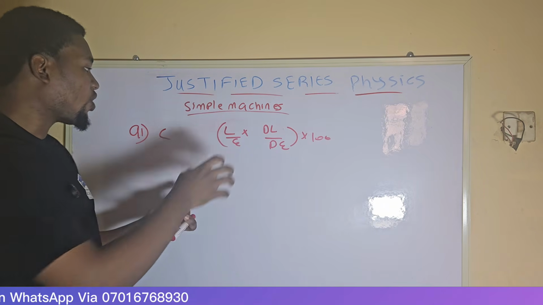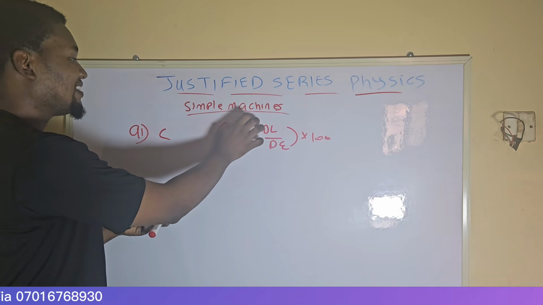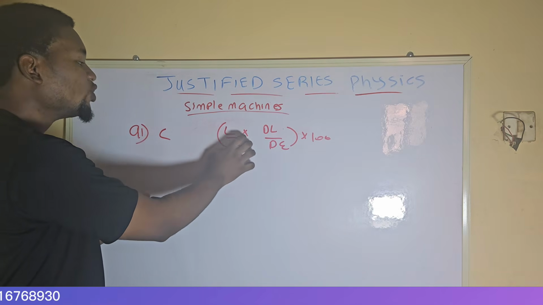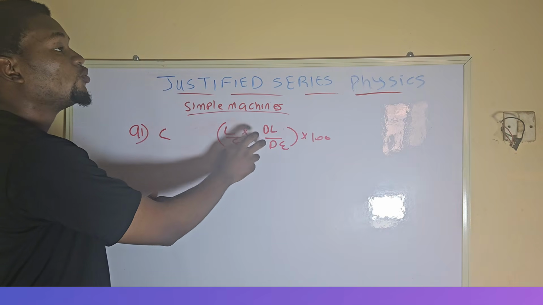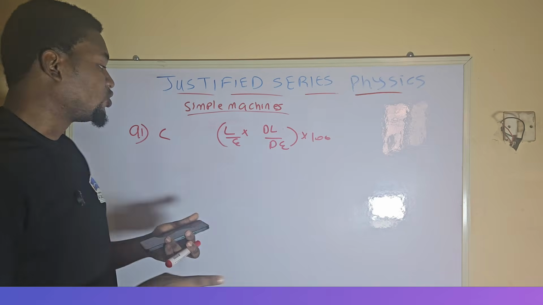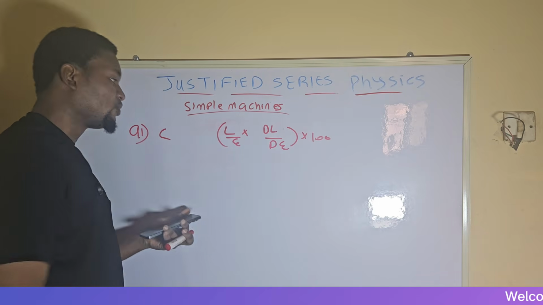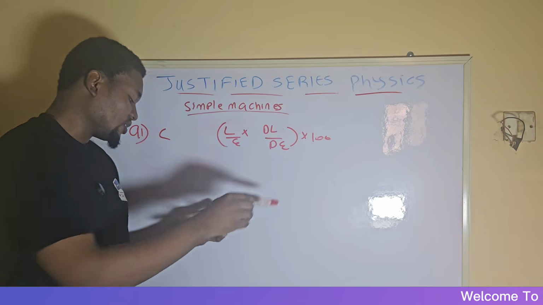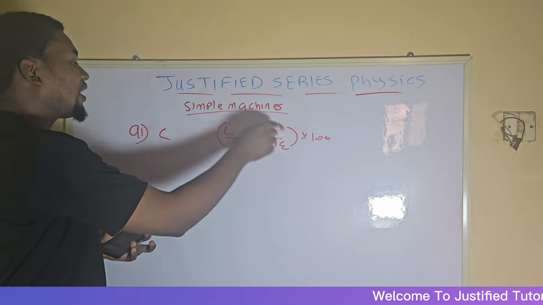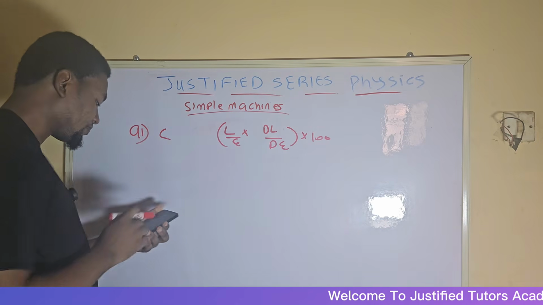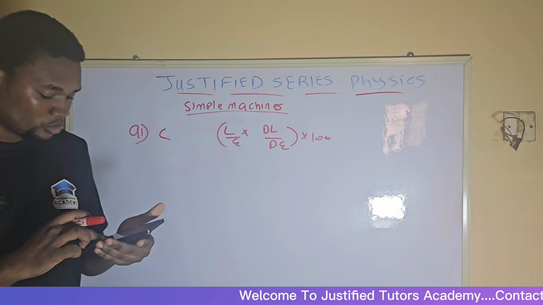So we call this the useful work output, which is load times distance moved by load, and we call this the total work input. So do not mistake it. So this is the formula, and the answer is C. Are you getting me? So let's now move to question number 2.